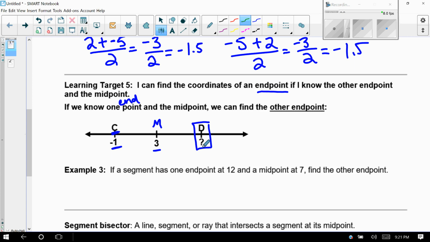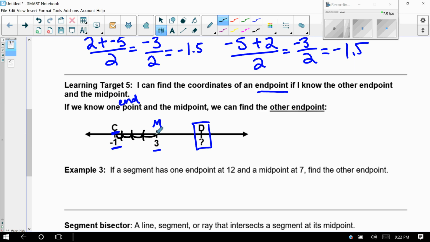Okay, so I know that since M is directly in the middle, the distance from -1 to 3, if we had little dashes, we could actually count over. I know that -1 to 3 is 4 units. So if I go over, this is -1, 0, 1, 2, and then 3, I'm going to go over 1, 2, 3, 4 units.